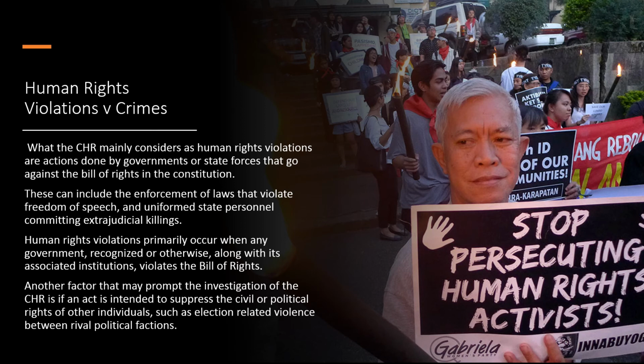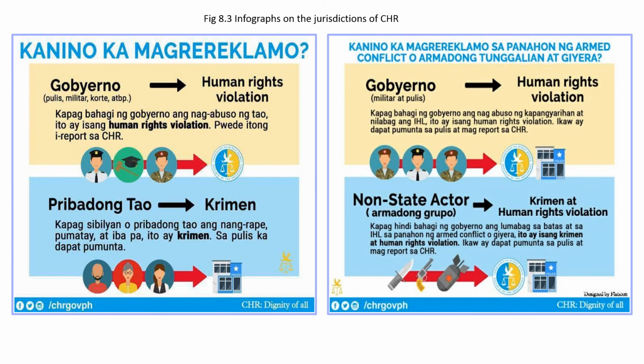Another factor that may prompt the investigation of the CHR is if an act is intended to suppress the civil or political rights of other individuals, such as election-related violence between rival political factions. So here we have an example of what is under the jurisdiction of the CHR and what would be considered just an ordinary crime. Okay, so I hope that you take a look at this comparison.